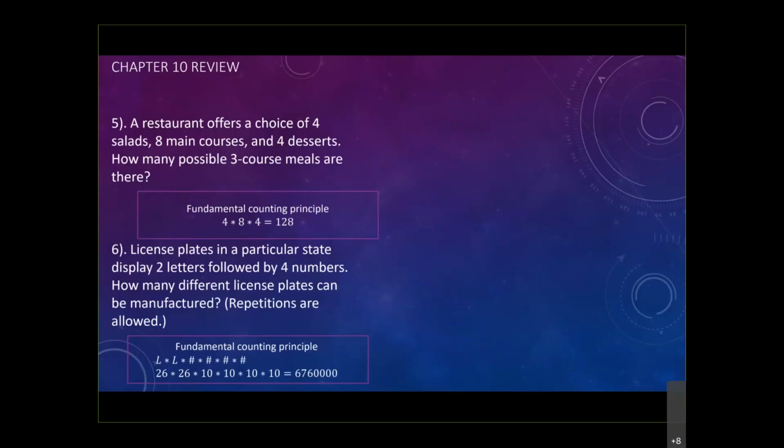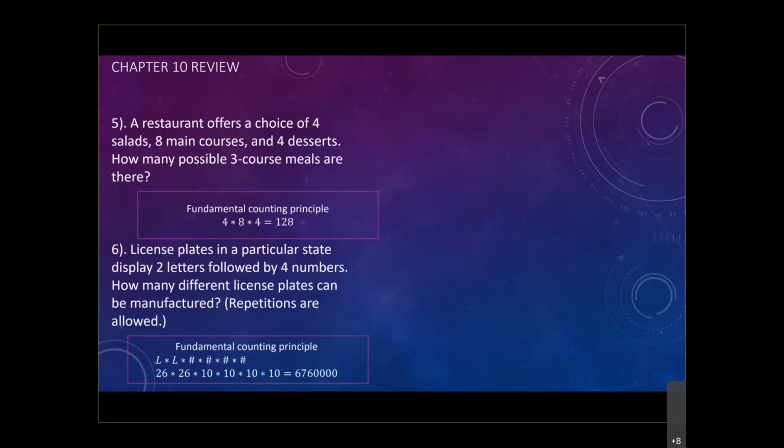It's just that the totals are different in number 5 versus number 6. So that's what we have here in terms of the license plates, which are the different slots. Any question with number 5 or number 6 in terms of how to use your fundamental counting principle? No, none at all.